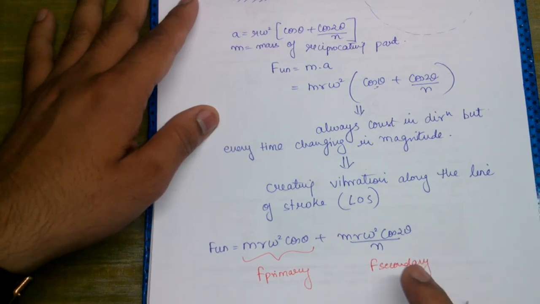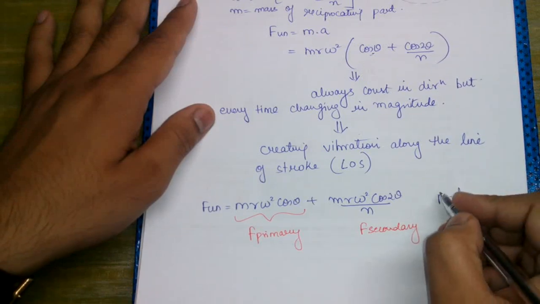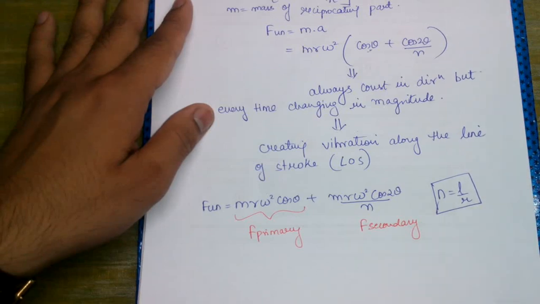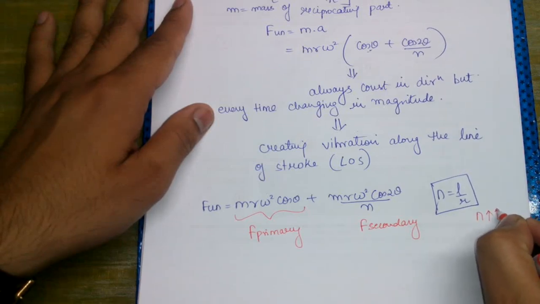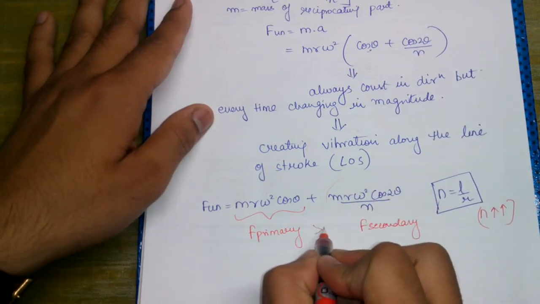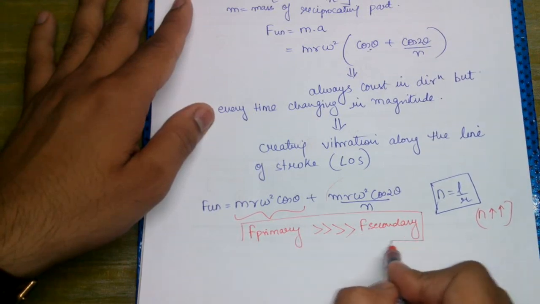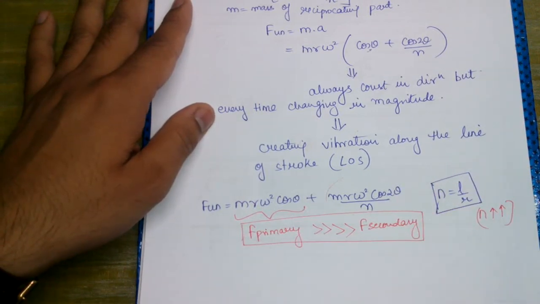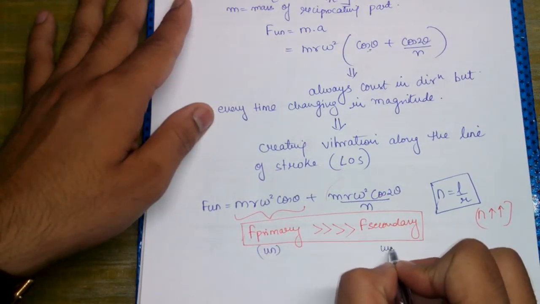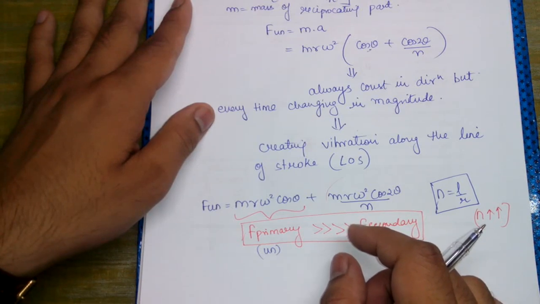Now we know that the value of n is the obliquity ratio, L by R, where L is the length of the connecting rod and R is the radius of the crank. The value of n is very large, and hence cos 2 theta upon n is very small. So the primary unbalanced force is very high in magnitude as compared to the secondary unbalanced force. These are both unbalanced forces, one is the primary part and the other is the secondary part.